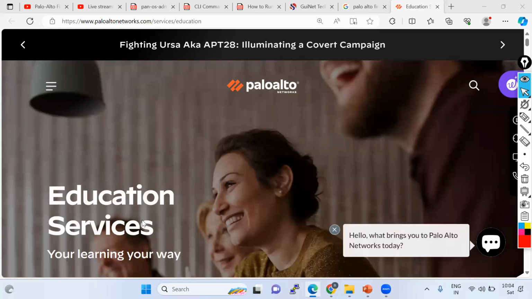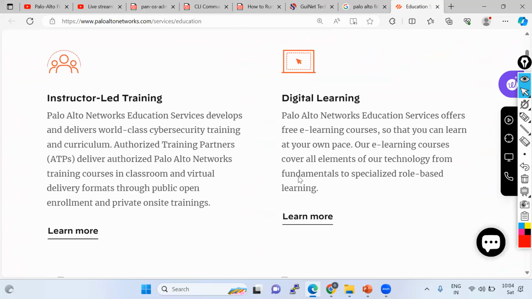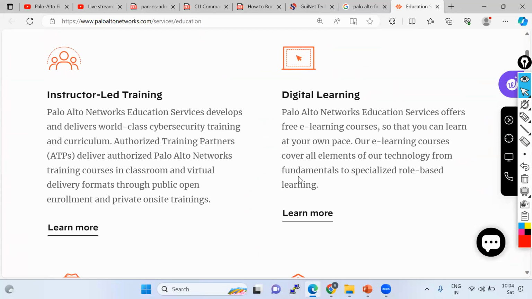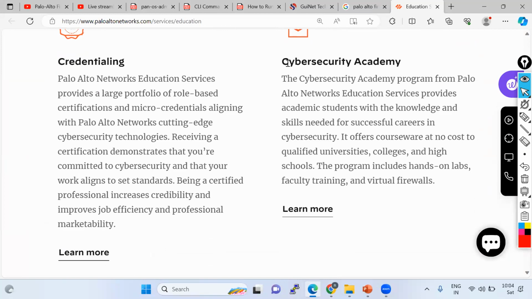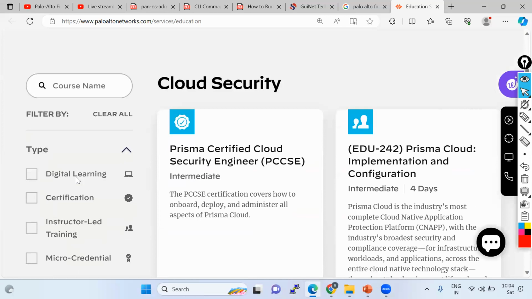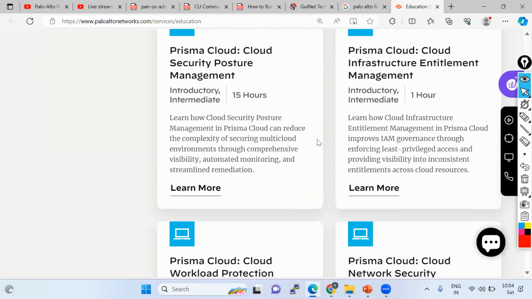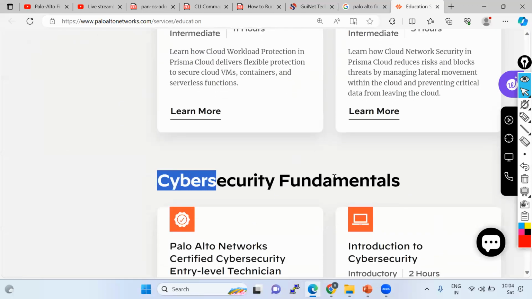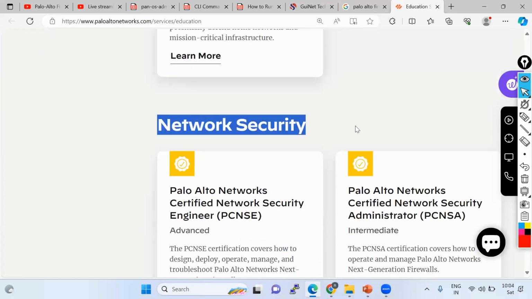It's not only the firewall; Palo Alto has n number of courses related to the cloud, related to SASE, which is cloud security, related to cyber security. If you go here, you'll find cloud security, cyber security, and network security.